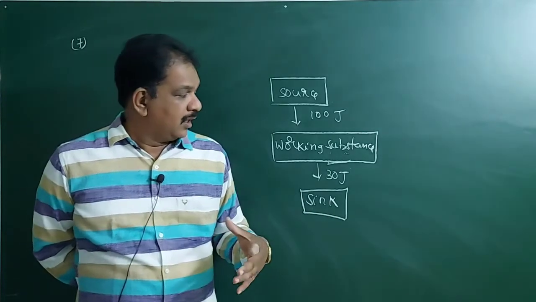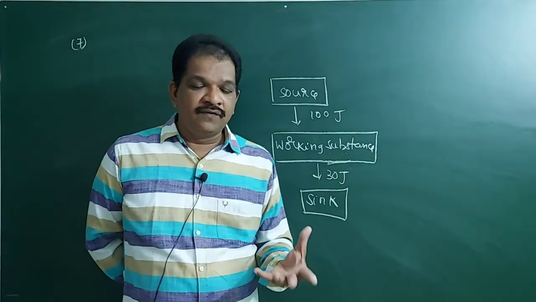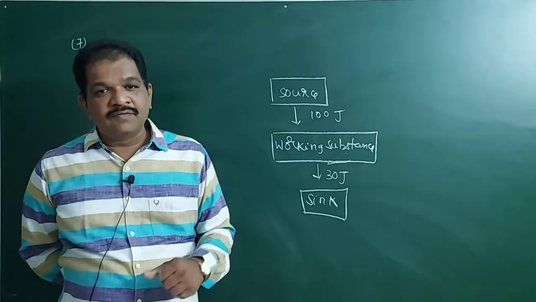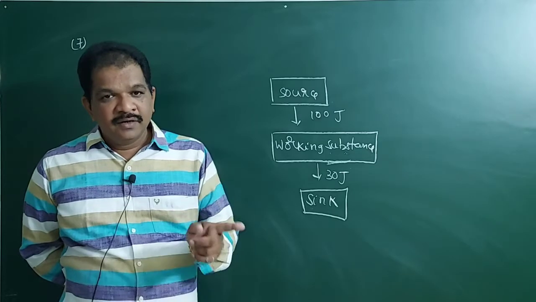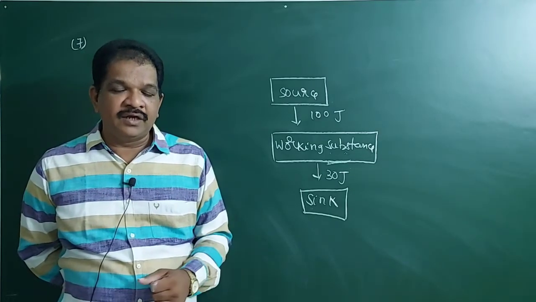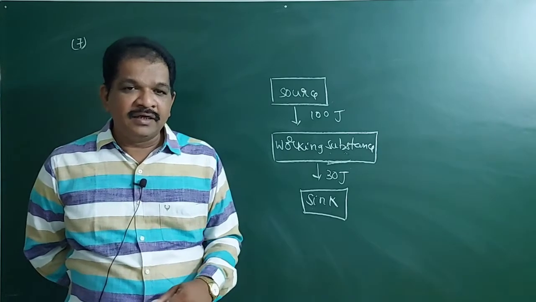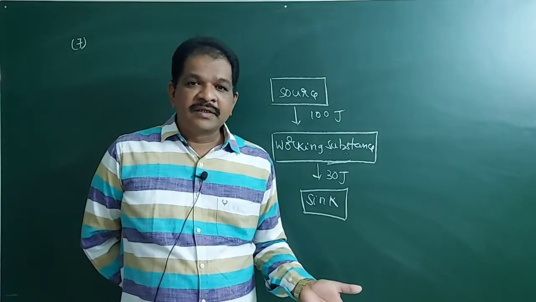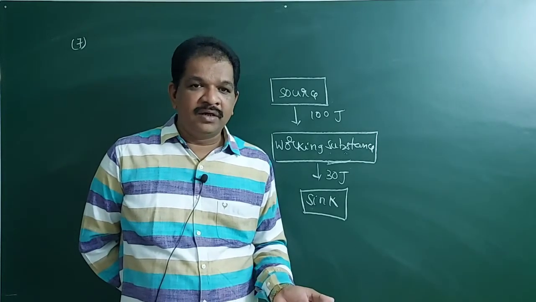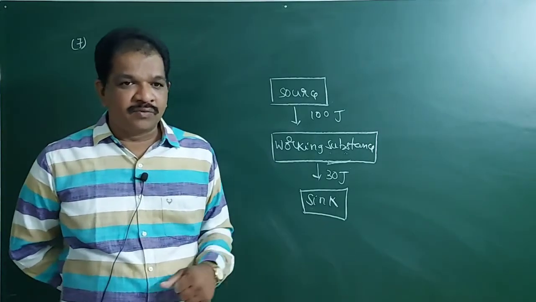So efficiency means, if the engine converts more amount of heat into work, then the efficiency will be more. Some bikes will give mileage of 80, 90 kilometers per hour. Some will give only 30-40 kilometers if the bikes are old.